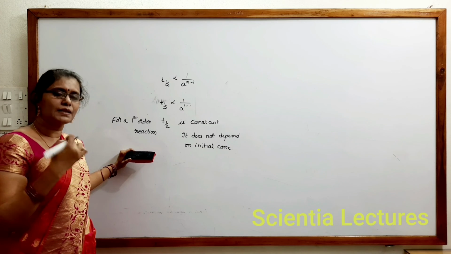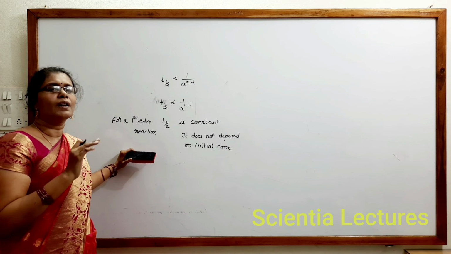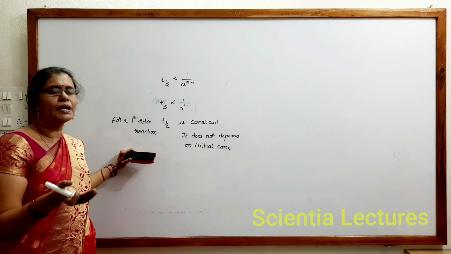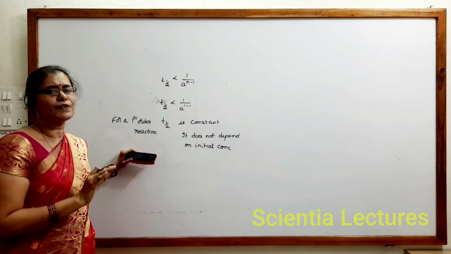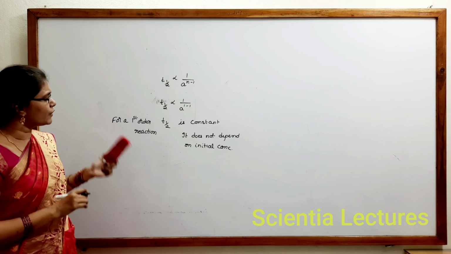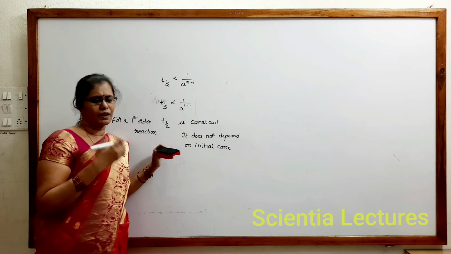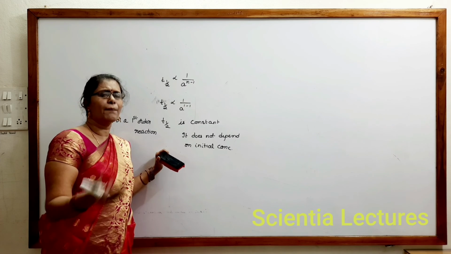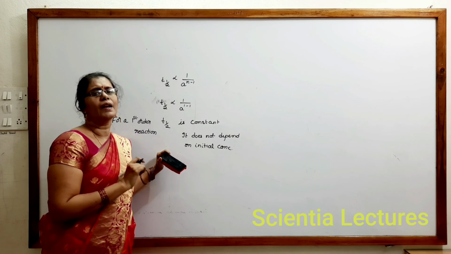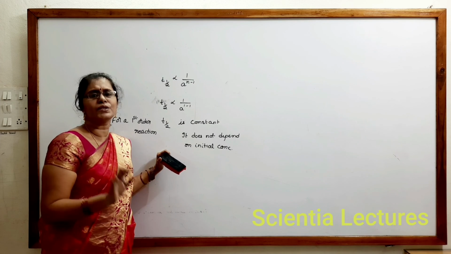So if anyone asks a question that there is a reaction, and if the concentration of A is doubled, T half is not getting changed, in the sense it is a first order reaction. For a first order reaction, if the initial concentration is doubled or tripled or quadrupled, whatever happens to its initial concentration, its T half will never get changed.